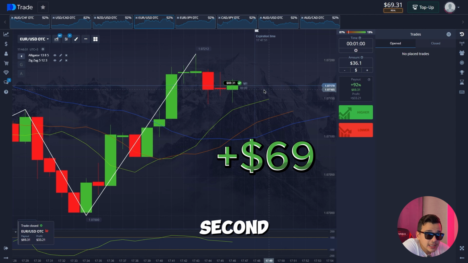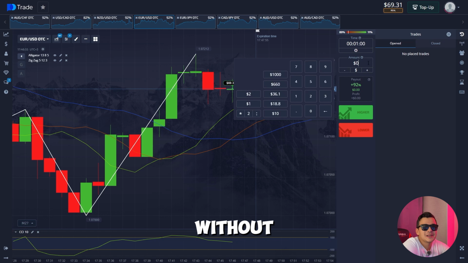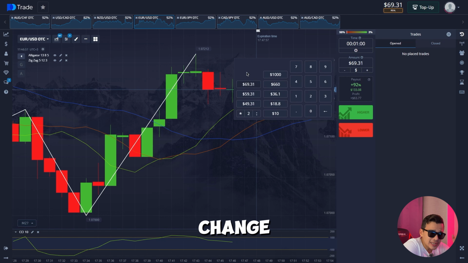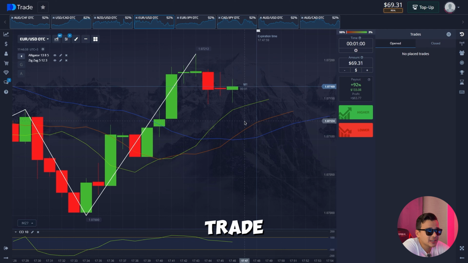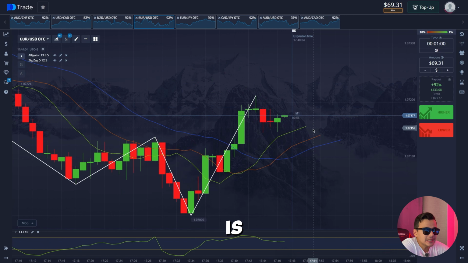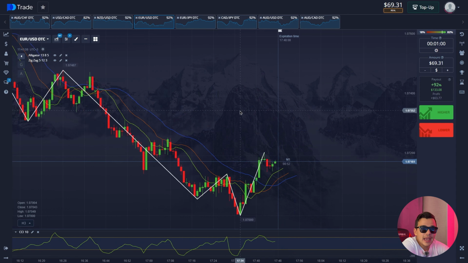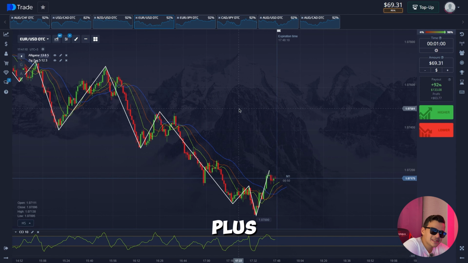And at the last second there was an exit and the trade closes in plus without any problems. Also, change the amount of the trade. Today is good, favorable volatility for trading. Here we even managed to pull back a little bit and the trade closes in the plus.